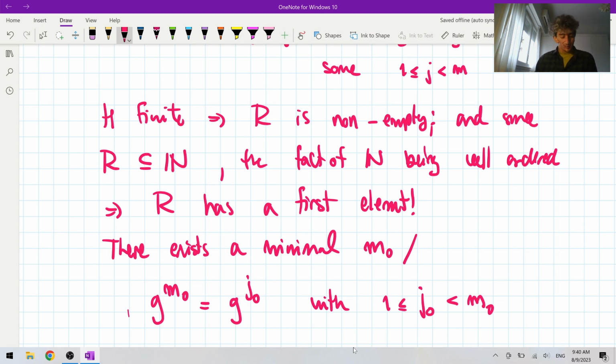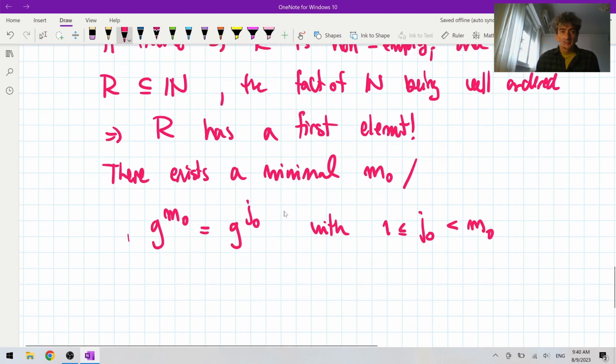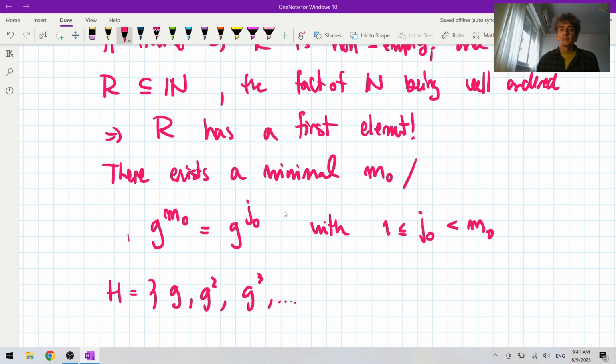Okay, so what we see now is that this means that H has the form G, G squared, third, and so on, G to the J naught, and this is it.